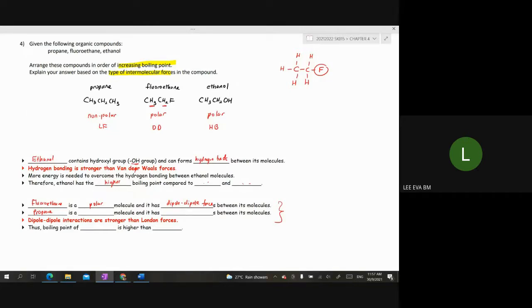Last sentence: the boiling point of which one is higher, fluoroethane or propane? Fluoroethane is higher than propane due to stronger dipole-dipole forces between them.